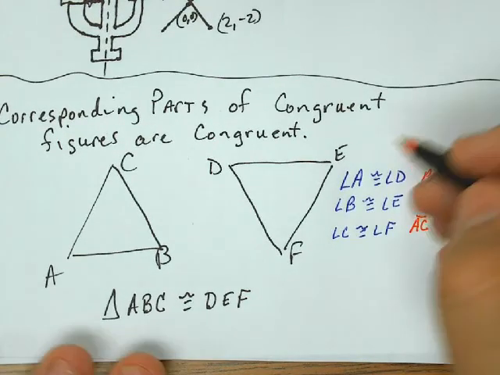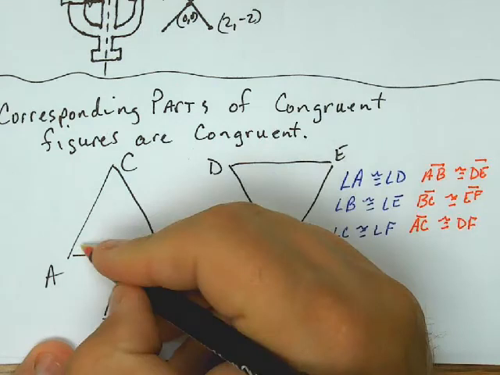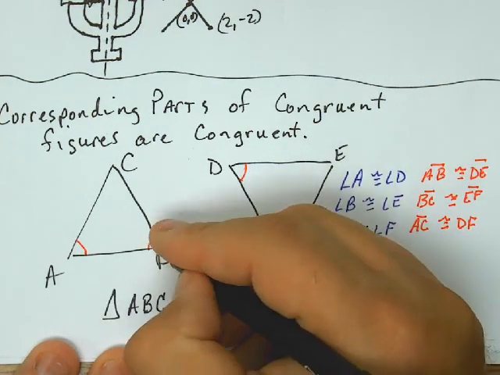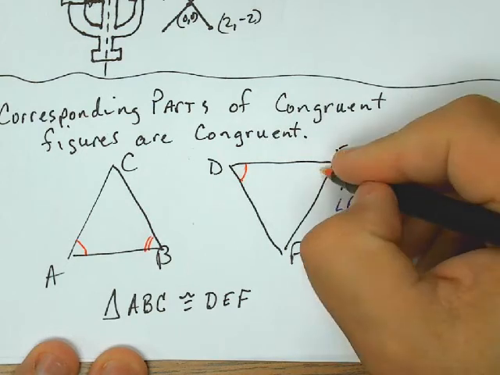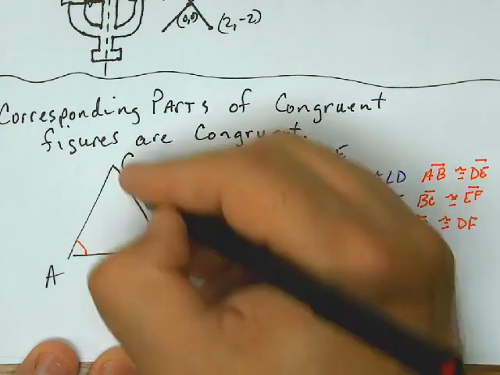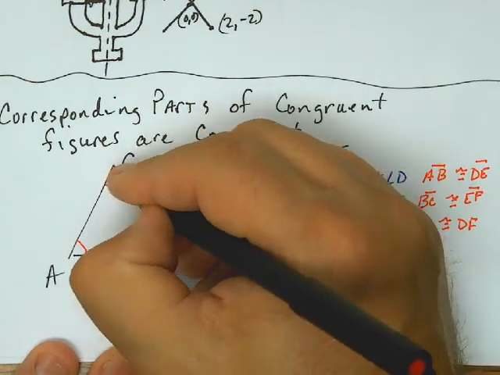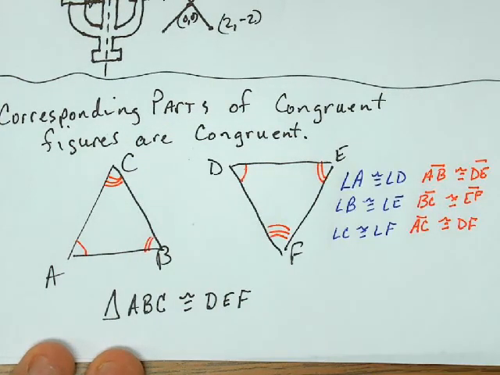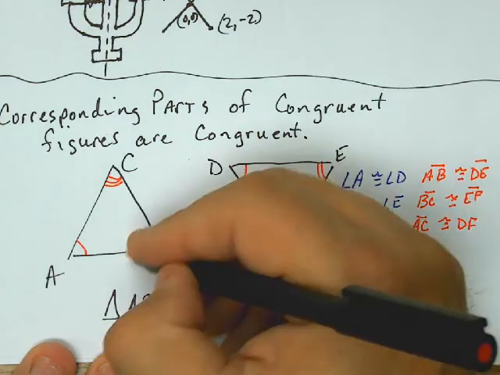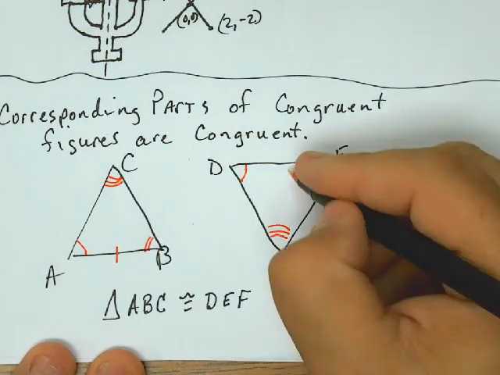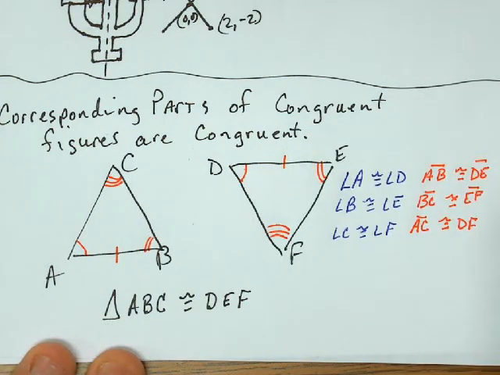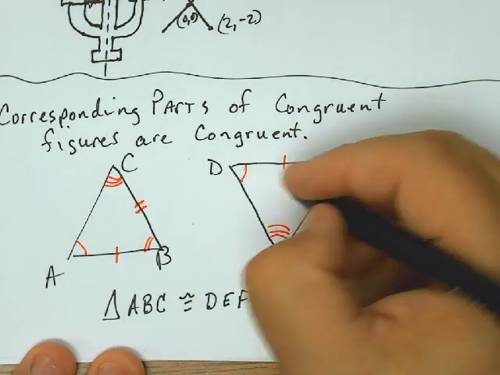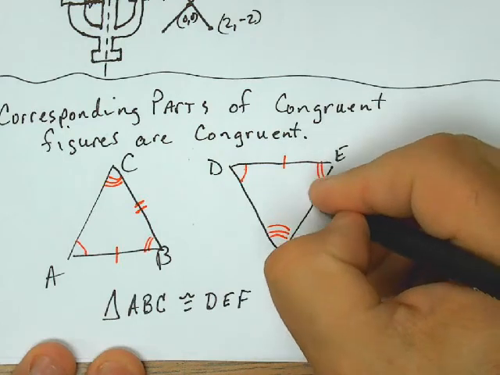I'm going to mark that in my picture. Angle A would be congruent to D. Angle B would be congruent to angle E. Angle C would be congruent to F. Those are the ones that match up. AB would be the same as DE. BC would be the same as EF.